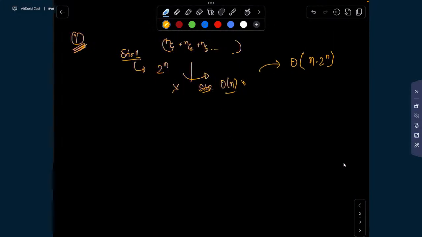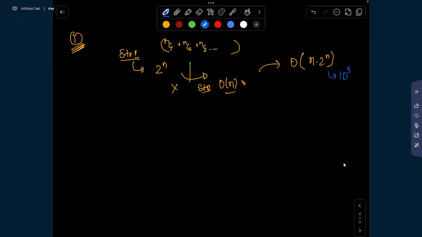So if I convert it, it's like 2 to the power 10 to the power 3, 100, 10 to the power 3. Okay, so this is no way a good solution, right? So we have to optimize it.